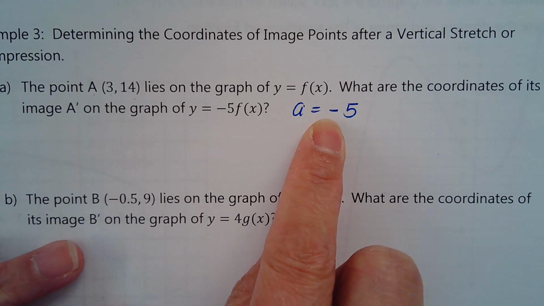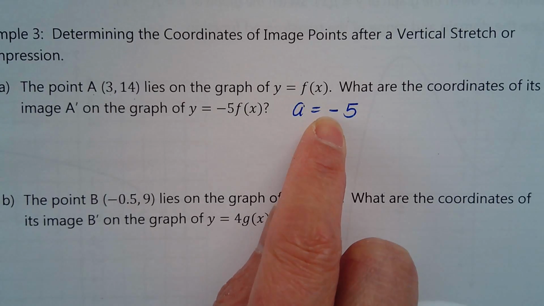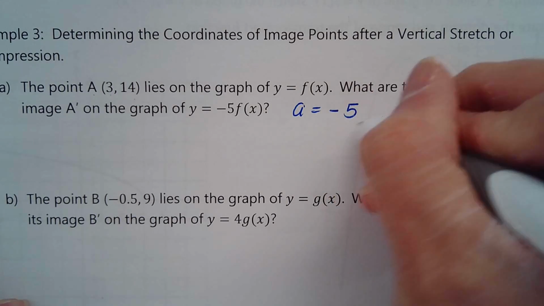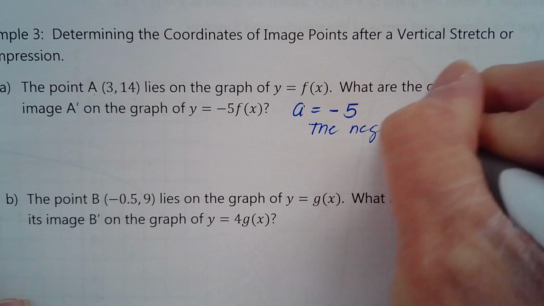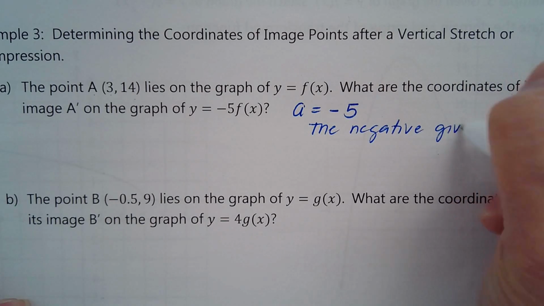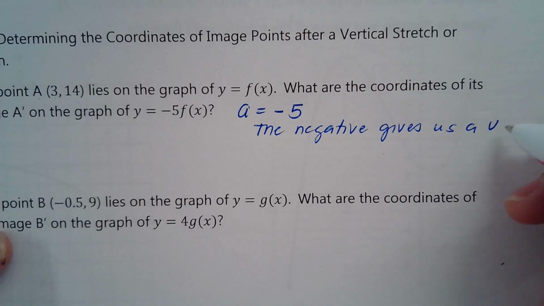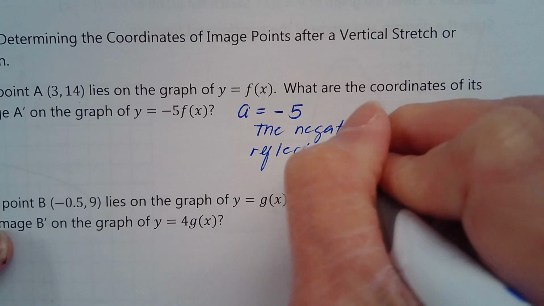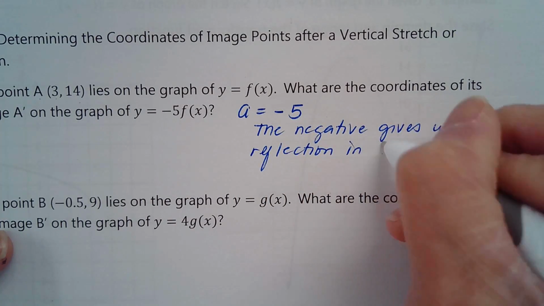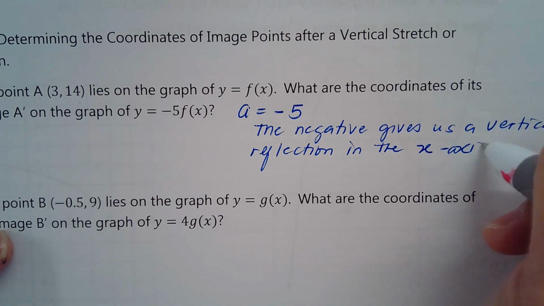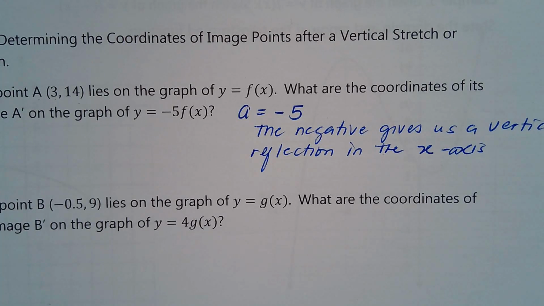The negative tells us there's a vertical reflection. So the negative here gives us a vertical reflection in the x-axis. So it looks like your x-axis will become like a mirror, so it reflects onto that one.